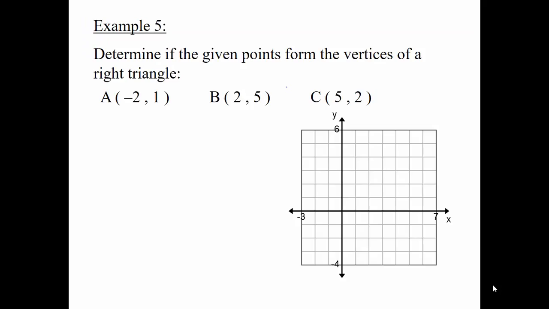Determine if the points form the vertices of a right triangle. Well, you're going to have to plot your points, and somehow you're going to have to be able to tell if they're, I'm not sure why we have all that crazy red line, but you want to know if those lines form a right triangle, which means that 2 of them would be perpendicular to one another.